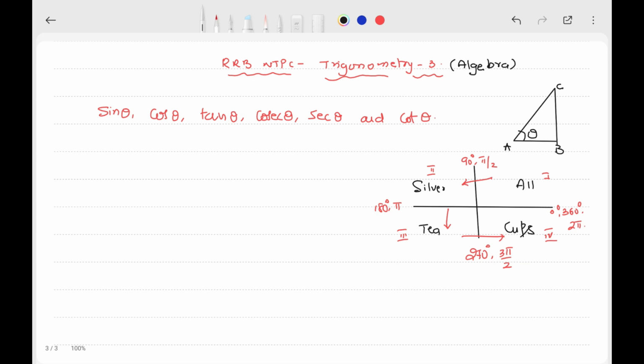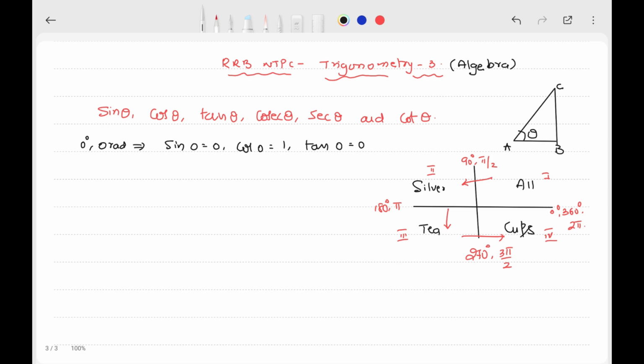Now, let us say for 0 degree or 0 radians, sin 0 is equal to 0, cos 0 is equal to 1, tan 0 is equal to 0.